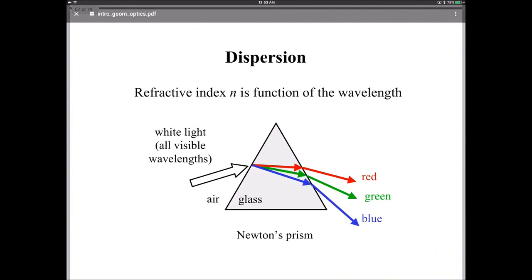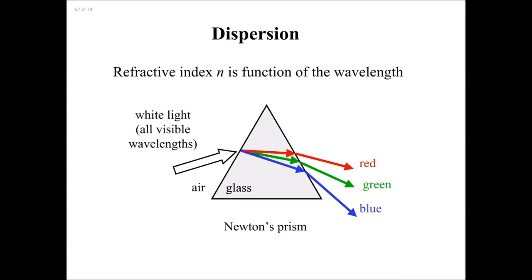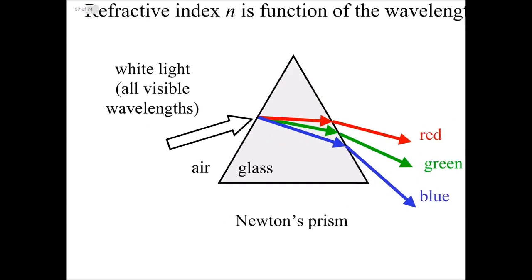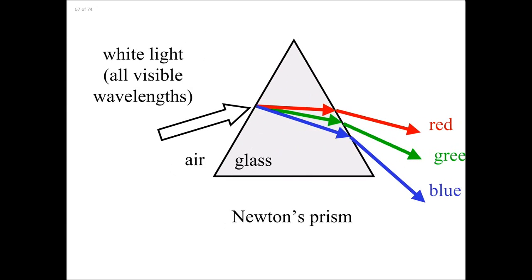Okay, so the next property is the property of dispersion. Dispersion means that if you have white light, which is composed of all visible wavelengths, coming in from one side, the prism is going to refract that white light, and the refraction suffered by different wavelengths is actually different.